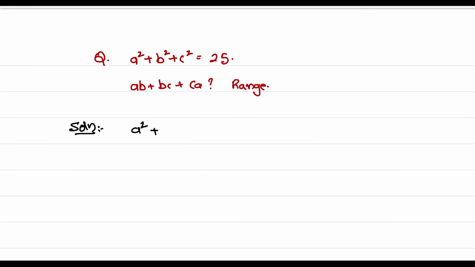How can a square plus b square plus c square be written? (a plus b plus c) whole square minus 2 into (ab plus bc plus ca). Do you agree?